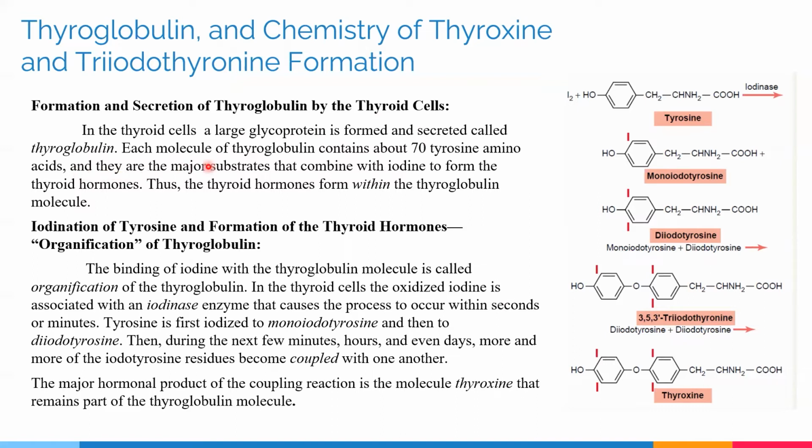Each molecule of thyroglobulin contains about 70 tyrosine amino acids, and they are the major substrates that combine with iodine to form the thyroid hormones. Thus, the thyroid hormones form within the thyroglobulin molecule. Thus, the thyroglobulin molecule forms a framework on which new thyroxine molecules are added.